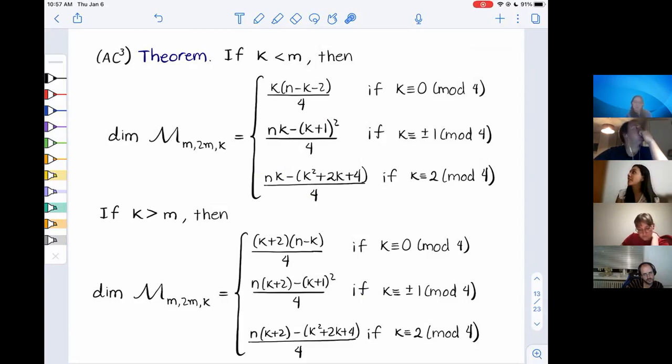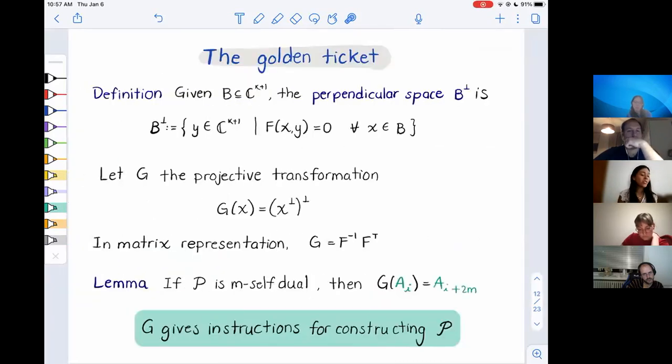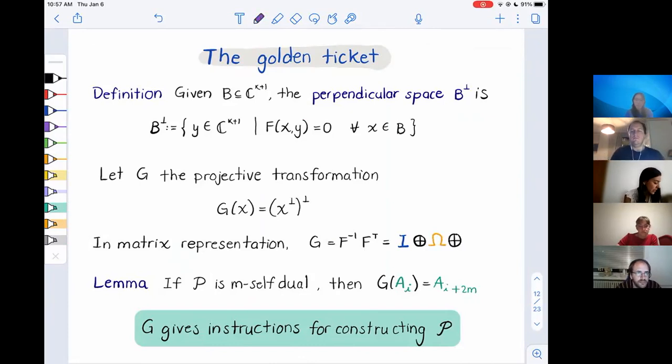And yes, I would expect that the components of your polygon space depend on this G. This G turns out to be very well understood. You can write it as part of the identity, direct sum with a part with a symplectic form, and then direct sum with some R, which is kind of rotational.